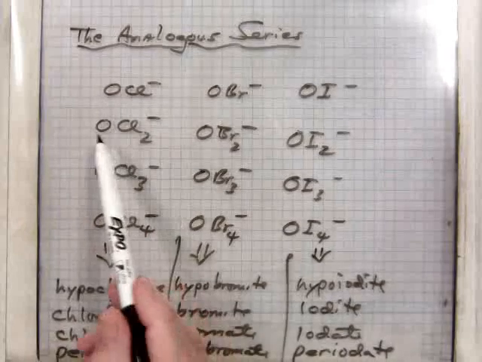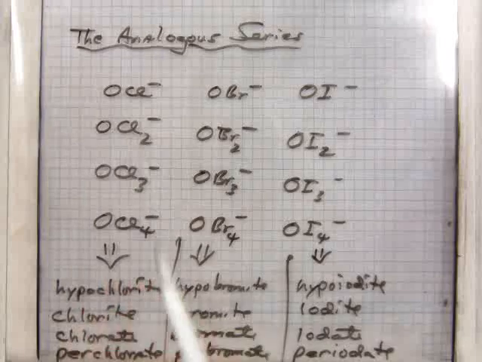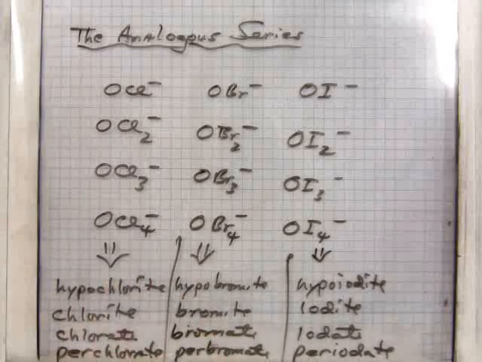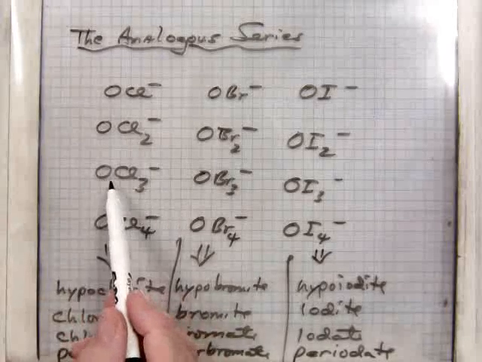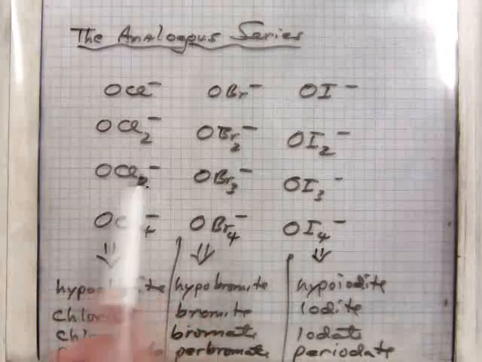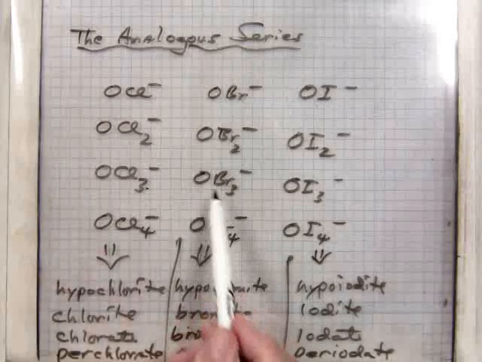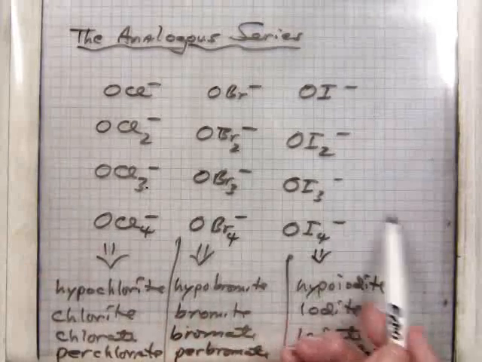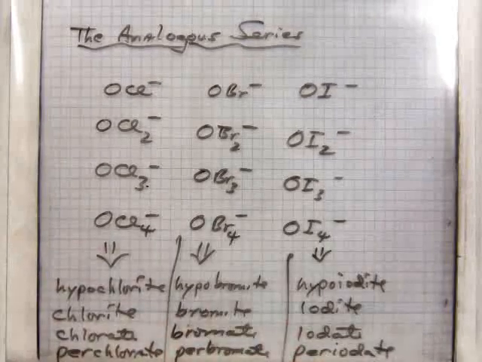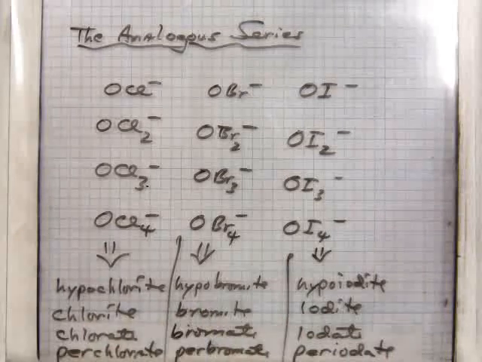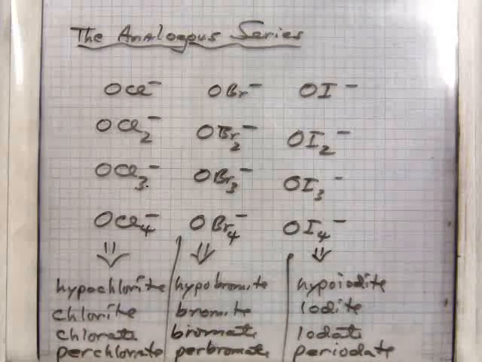If you put a sodium on this one, it'd be sodium chlorite, and then the third one, NaOCl3, would be sodium chlorate, or sodium bromate, or sodium iodate. And so the issue is, while you know one, you also know two others, just substituting the halogens into the system.